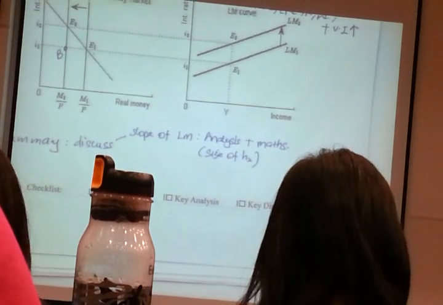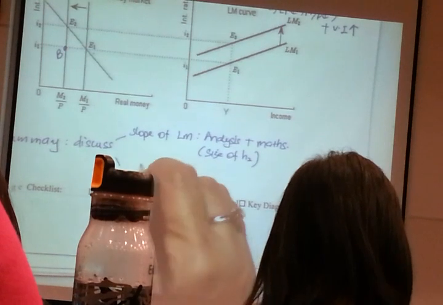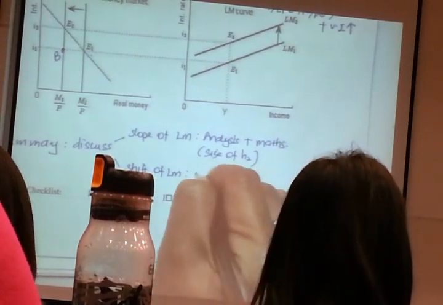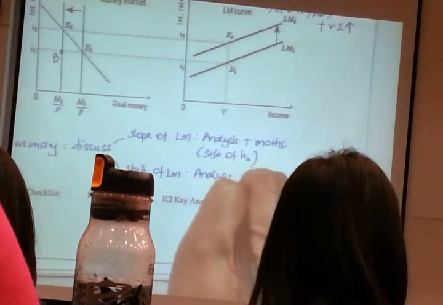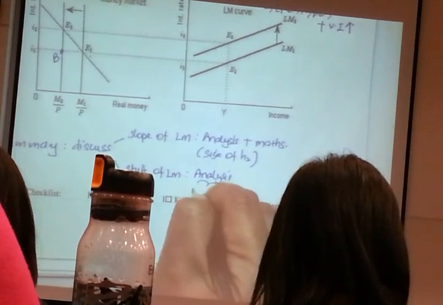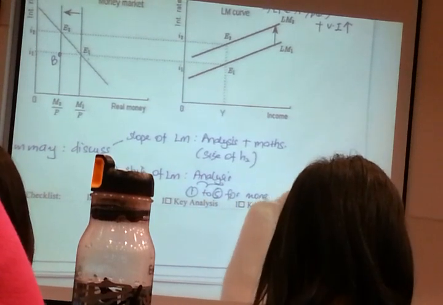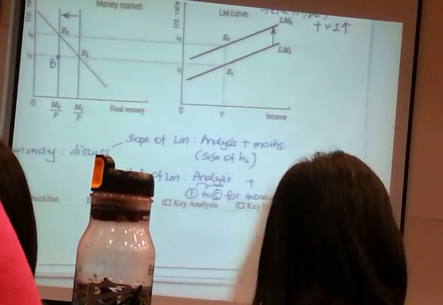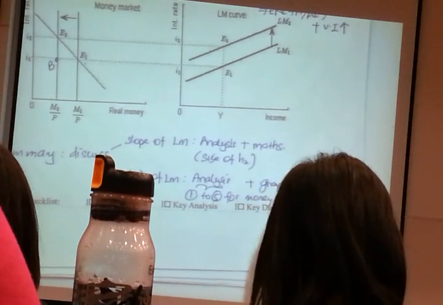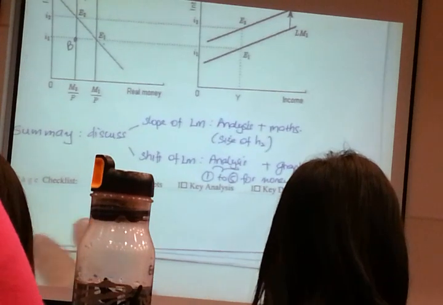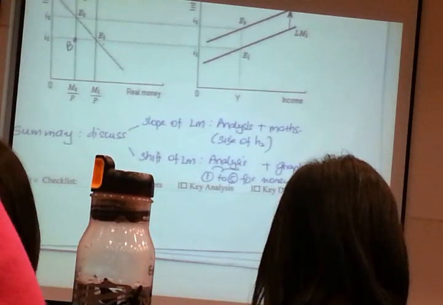I will not use graphical method. If question wants us to discuss shift of LM, I will use analysis, which is your step 1 to 5 for the money market. Then I will use graphical method. So this is a general summary of your choice of approach.